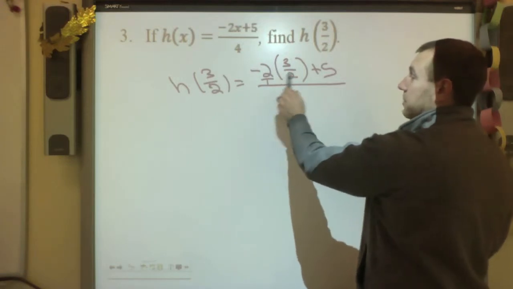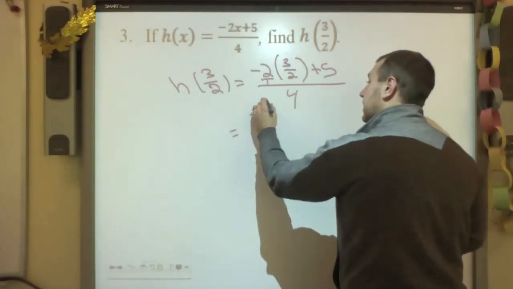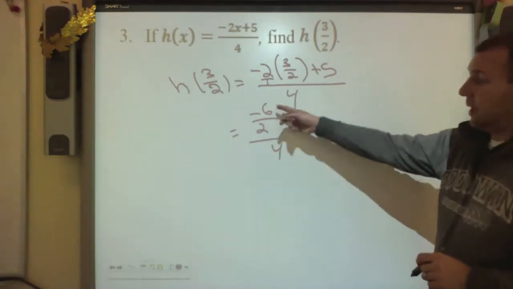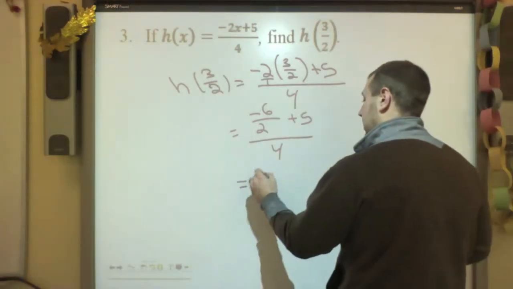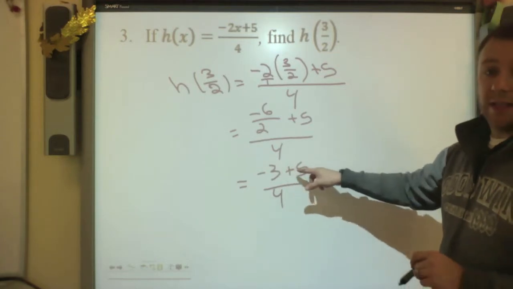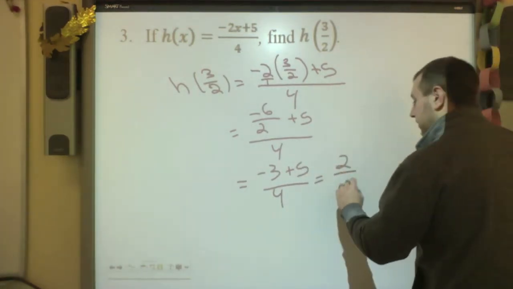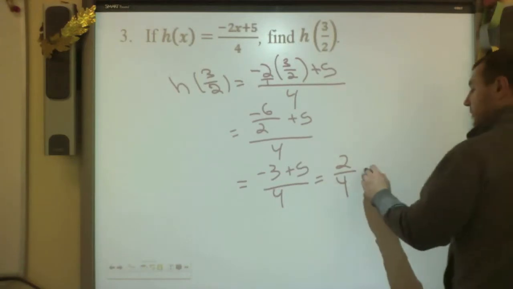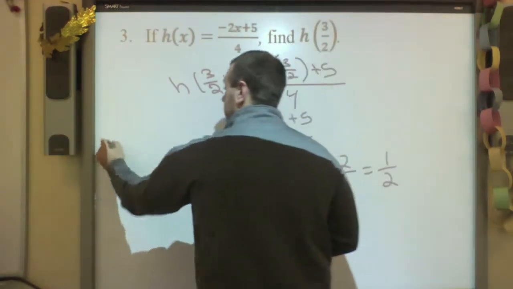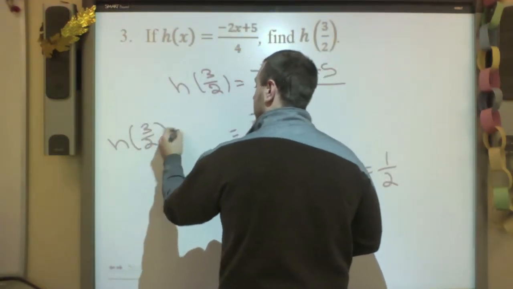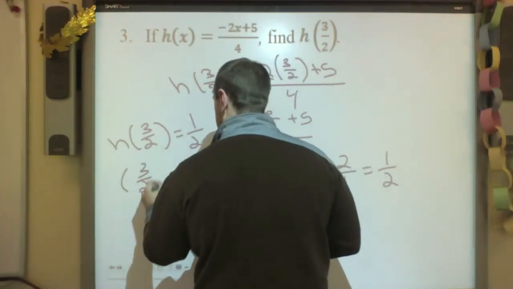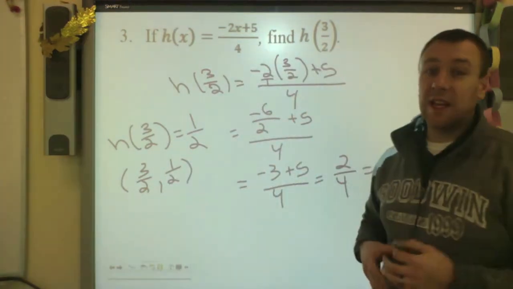I multiply the tops, I multiply the bottoms. So this becomes -6 over 2 plus 5 over 4. I reduce that: -3 plus 5 over 4. I now add these top numbers, so that's 2 over 4. 2 over 4 can be reduced down to 1/2. So now my h of 3 halves equals 1/2, or it's the point (3/2, 1/2). So that's how you deal with fractions.